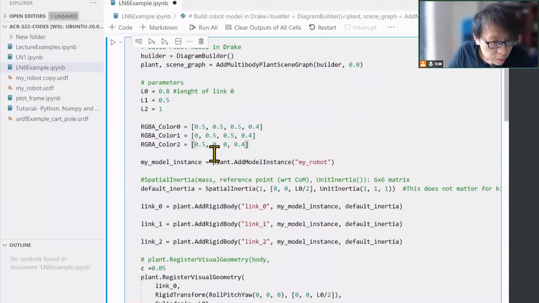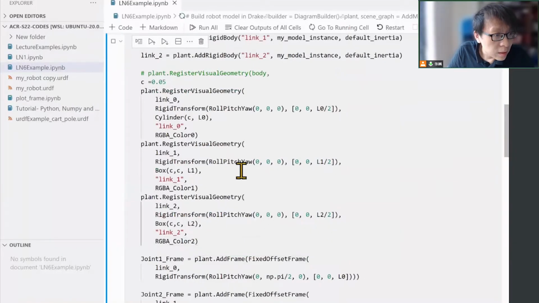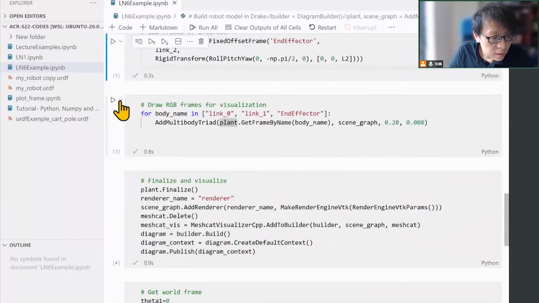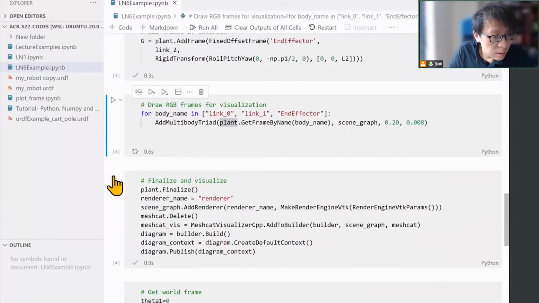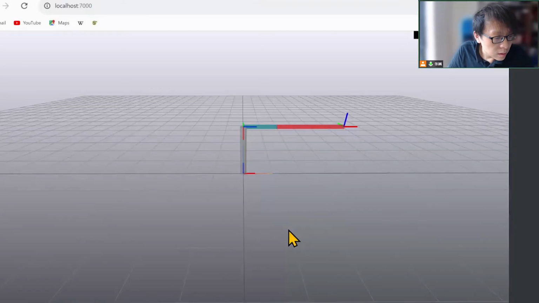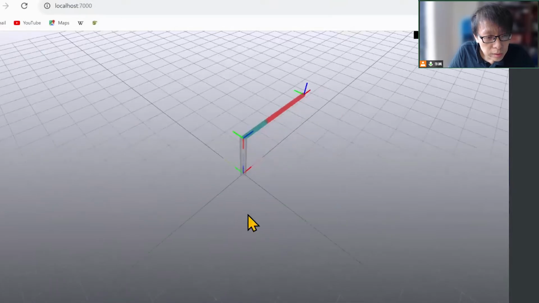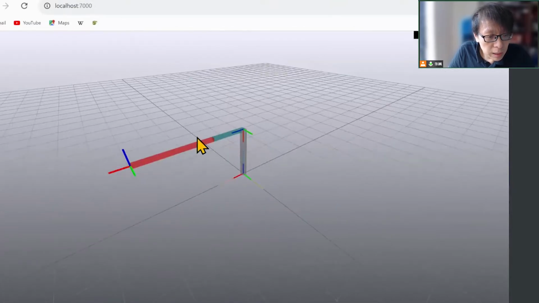Let me do this. Oh, okay, I see. I forgot this is changed to color 2, right? Let's run that again. Okay, that becomes two of that. So currently, that's my robot, the 2R robot.